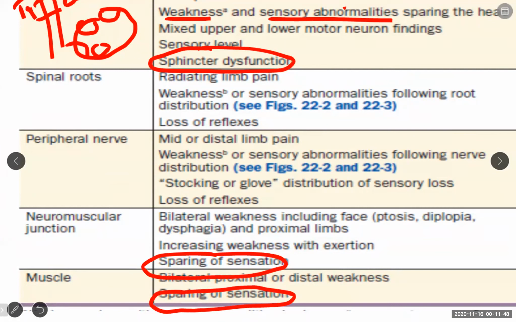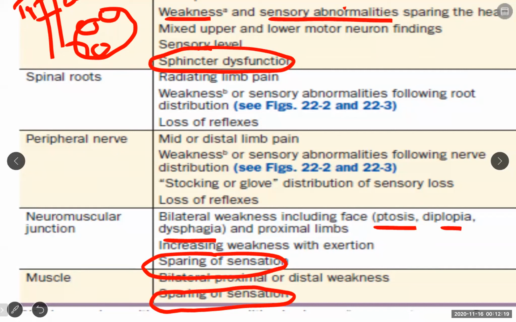But neuromuscular junction involvement is typically seen in myasthenia and Lambert-Eaton, and you tend to have ptosis, diplopia, and dysphagia, like basically involvement of cranial nerves. It appears to be involvement of cranial nerves, so this doesn't correspond with the localization of the pathology. So this helps differentiate a typical myopathy from a neuromuscular junction lesion. And both neuromuscular junction and muscles tend to predominantly involve the proximal more than distal.